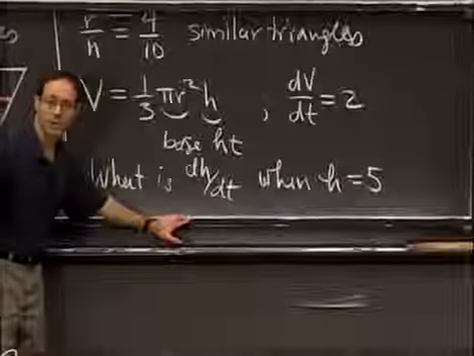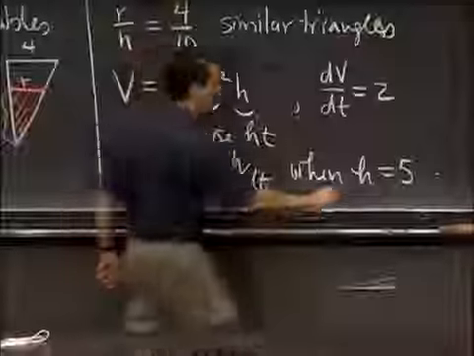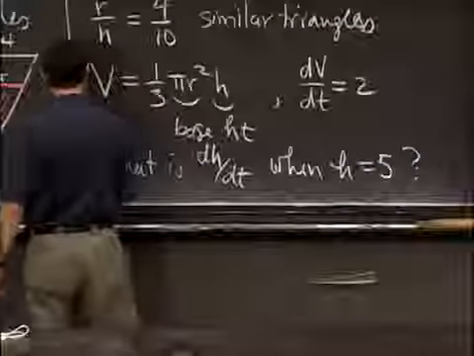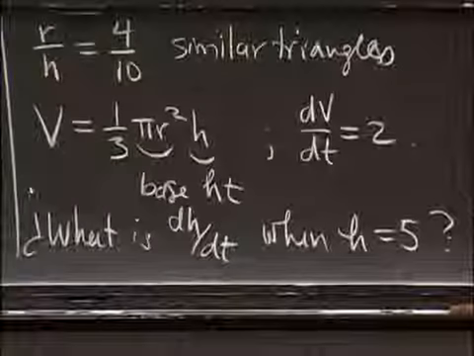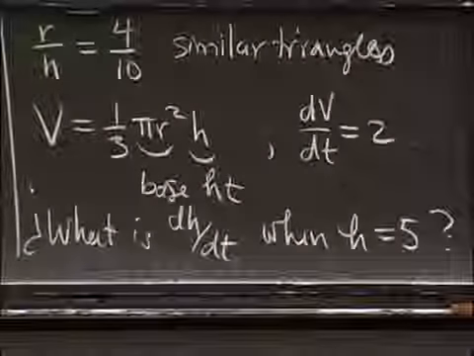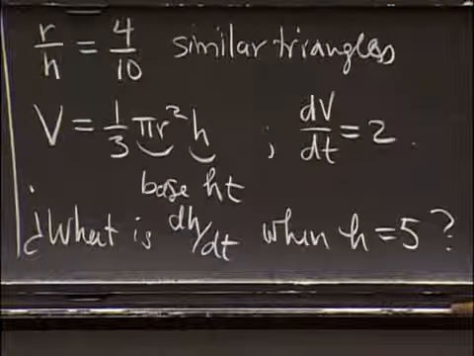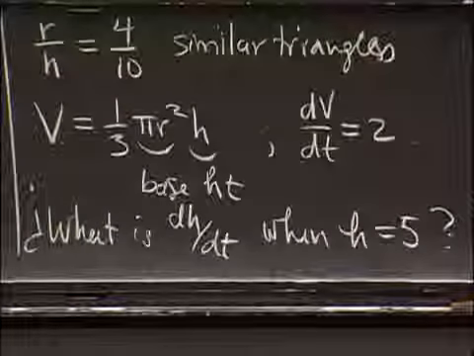All right? So that's the question here. All right? Now we've got the whole problem, and we never have to look at it again, if you like. We just have to pay attention to this piece here.